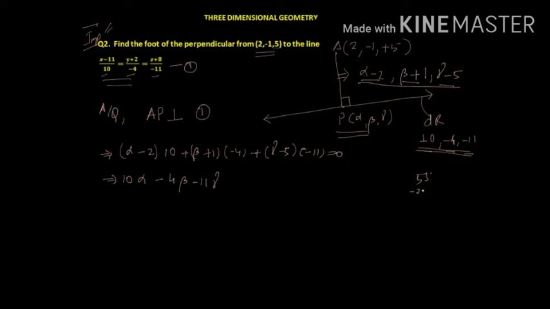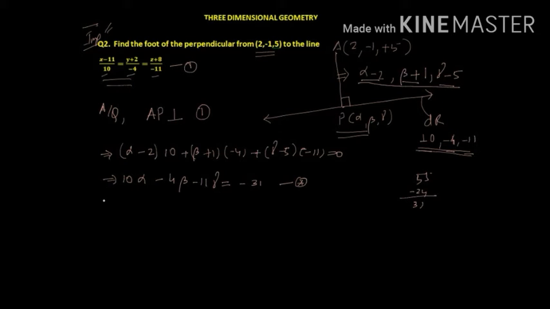Okay, 55 minus 24, how much is it? 31. So if you bring it to this side, it is minus 31. So now I got a relation involving alpha, beta, gamma. This is the first step we did.